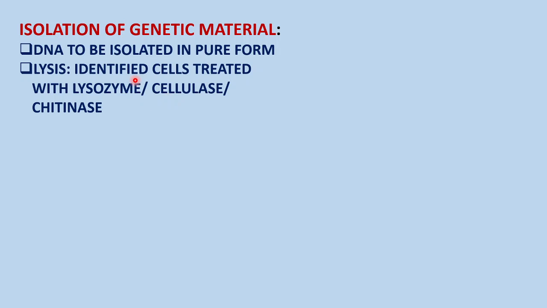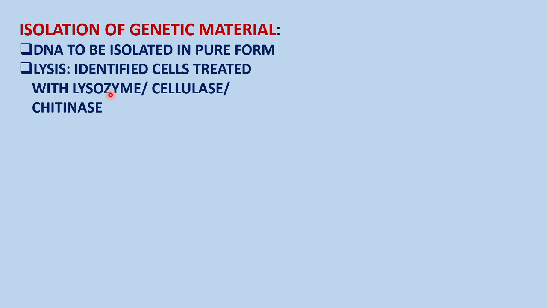If our identified cell belongs to a fungus, then we will use chitinase, because chitin makes up the cell wall of fungi. And if it is an animal cell, it is not required, because they do not have any cell wall. So cell wall is not present in animal cells, so this particular step will be skipped if it is an animal cell.